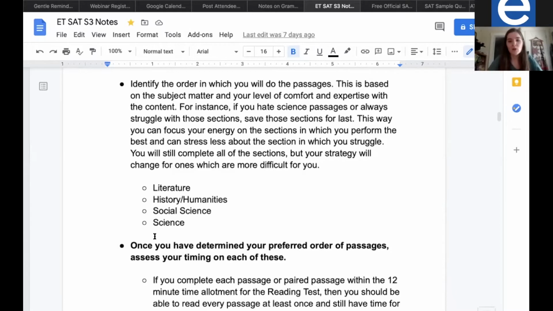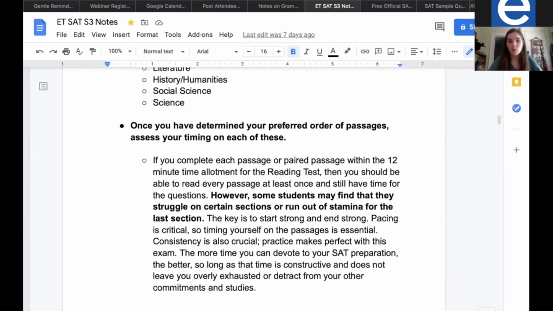Okay, so once you've finished figuring out which order of passages you're going to be doing, if you're starting with literature and ending with science, or going in a completely different order, whatever order you decide is perfectly fine. And it will be different than anyone else in this class, in most cases, because it's going to be customized to what you need as a test taker.